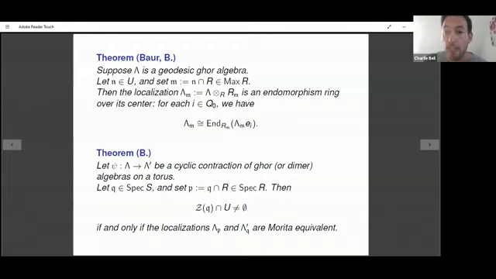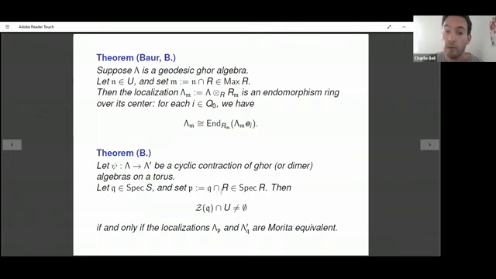So the second result to state, just to show how the Noetherian locus is used, is: let psi be a cyclic contraction of Gore or dimer algebras on a torus, let Q be a prime ideal of S, and set P to be Q intersect R, so it's a prime ideal of R. Then the subvariety defined by Q, or the zero locus of Q, intersects the Noetherian locus if and only if the localizations of lambda at P and lambda prime at Q are Morita equivalent.